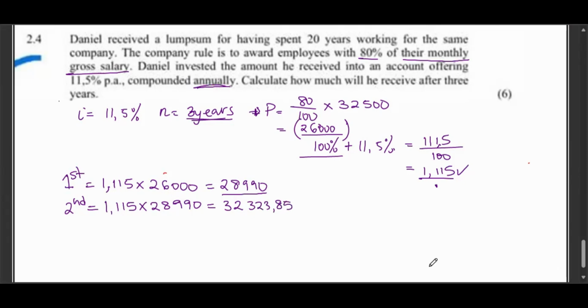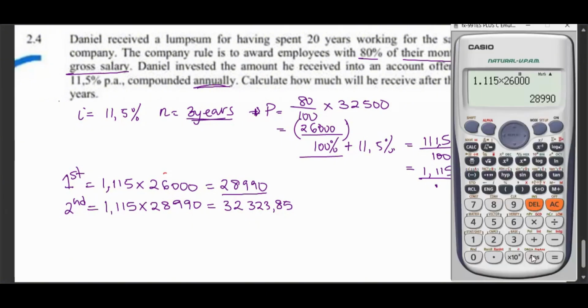The easiest way is to click on answer, times 1.115. Click, you see that? Compare this answer with the one I've just written here: 32,323 rands, 85 cents.